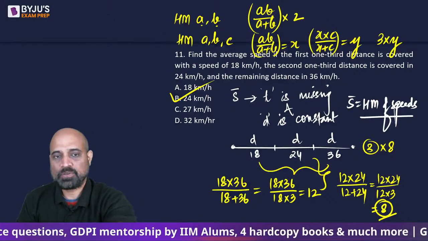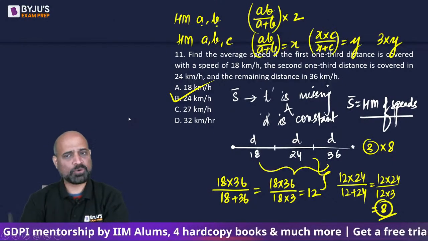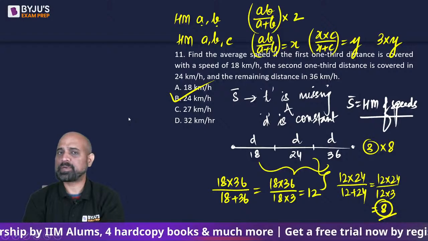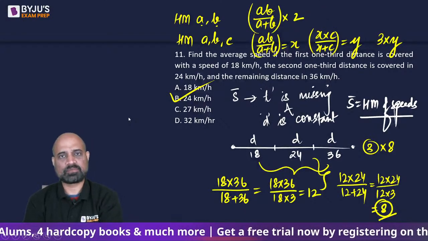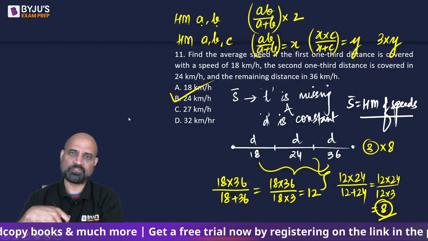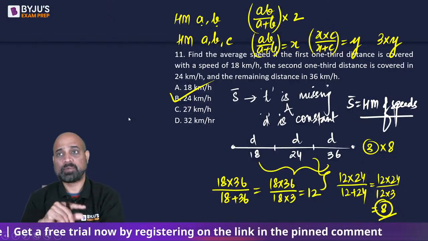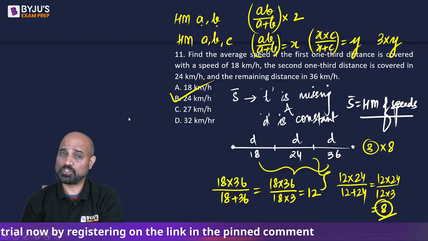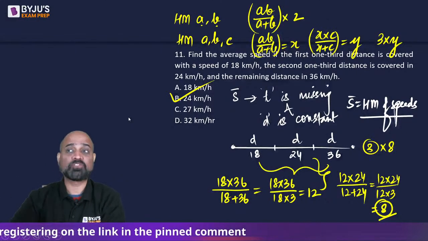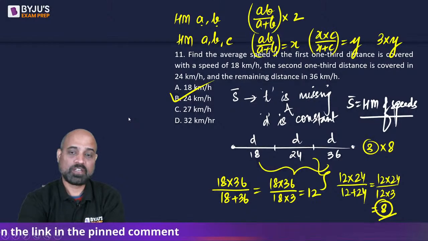Since we have 3 values here, तो आप 3 से multiply कर लोगे. 4 होंगे तो 4 से multiply करोगे. This is a much faster way rather than, you know, formula लगाना कि 4 divided by 1 upon 18 plus 1 upon 24 plus 1 upon 36, because then you will have to take the LCM and the denominator is going to be sum of product of a lot of numbers, which is difficult.